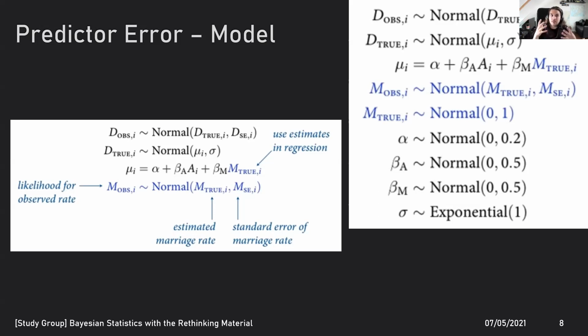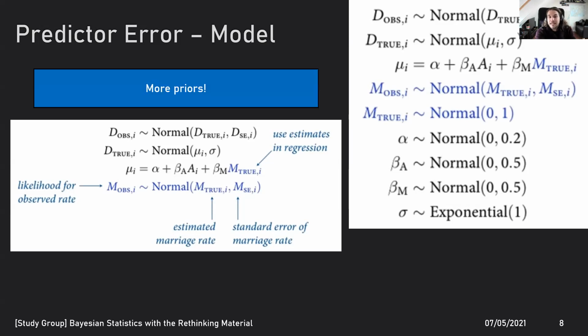And to deal with our now added recognition of the measurement error for the marriage rate, we again add some priors. So we add a prior for our observed marriage rate coming from a distribution which is underpinned by the true marriage rate, which we try to approximate and then feed into our actual regression model.